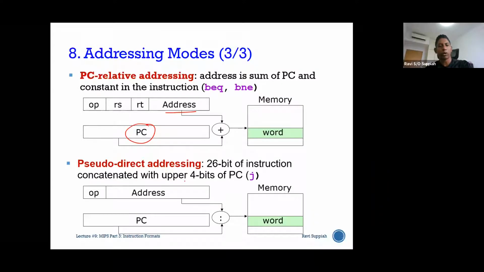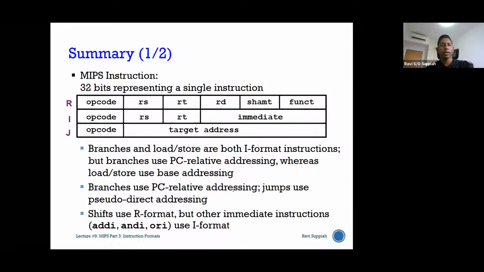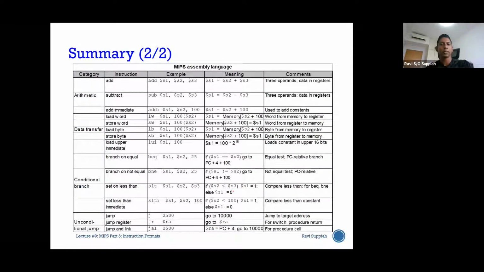For the jump instruction, we are again jumping to a memory location which is specified together with PC plus 4, and then the 26-bit address inside your instruction. So that basically sums up all the main modes of operation for your processor.